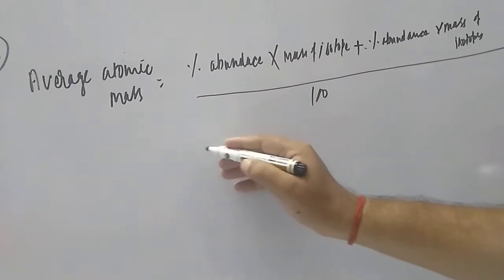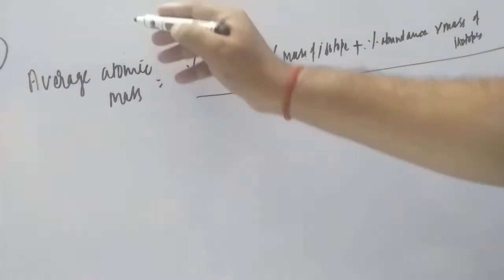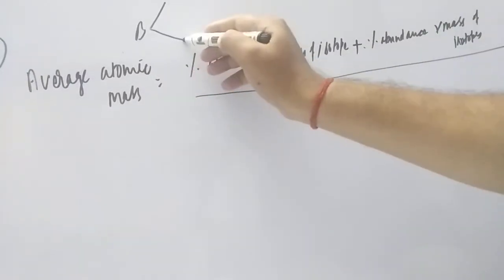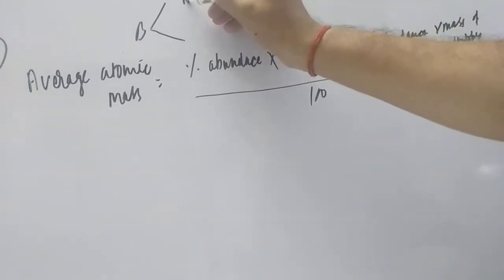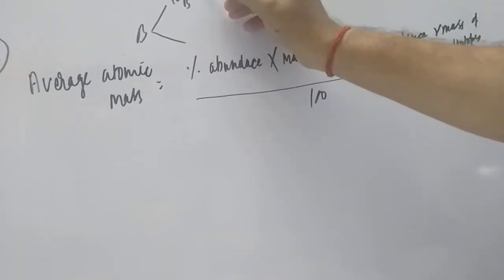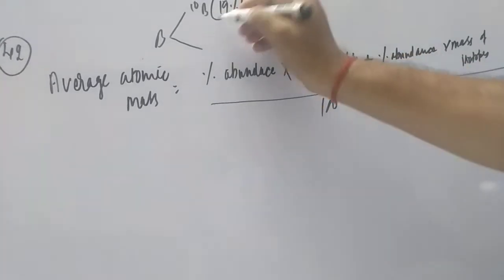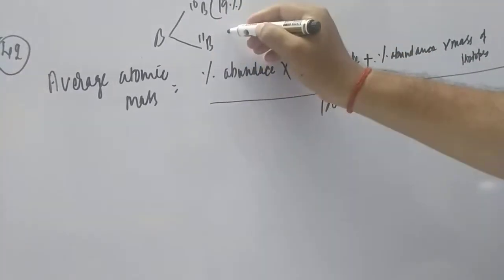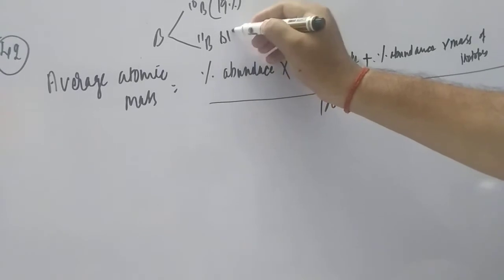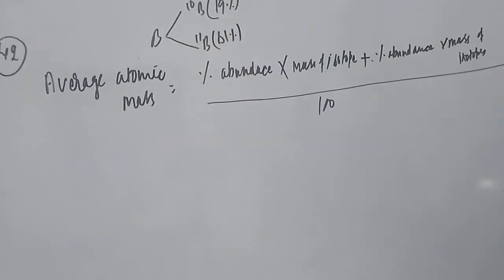For boron they have given in the question already. Boron 2 isotopes they are talking about. The first isotope, boron 10, is how much, student? Boron 10, it is 19%. And again boron 11, and this percentage is 81%. Okay, so you keep the values, student.